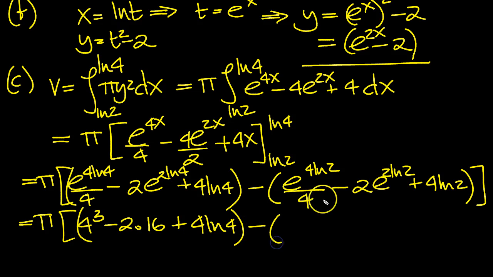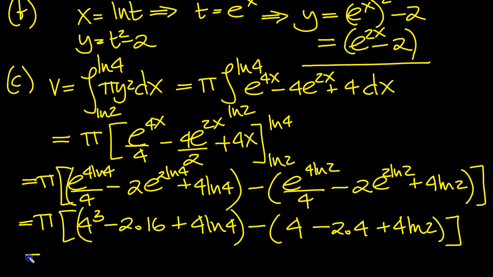Take away the bottom values, again the 4 can be moved out of the way, 2 to the 4, and the e and the log cancel, so it's 2 to the 4 over 4, 16 over 4 is 4, so put that down straight away, 2 lots of, the 2 comes up to be a power, 2 squared, e to the log of 2 squared is 4, so that's just 4, plus 4 log 2.